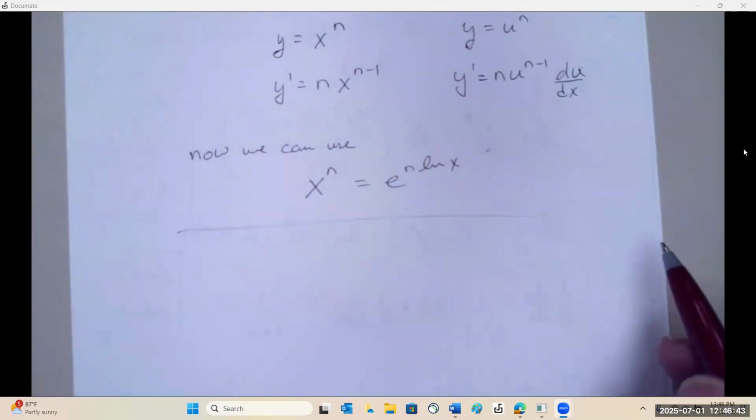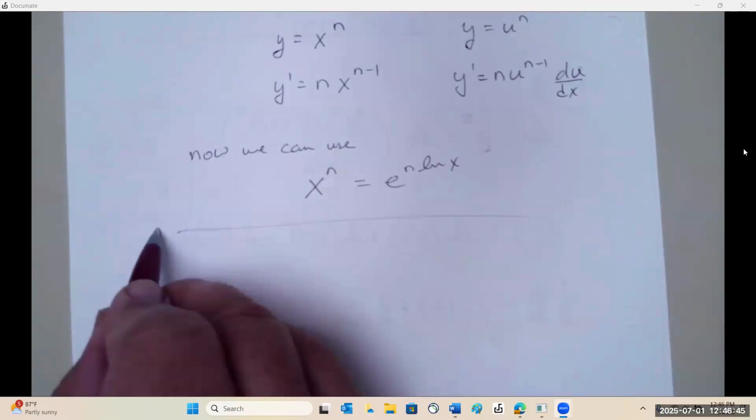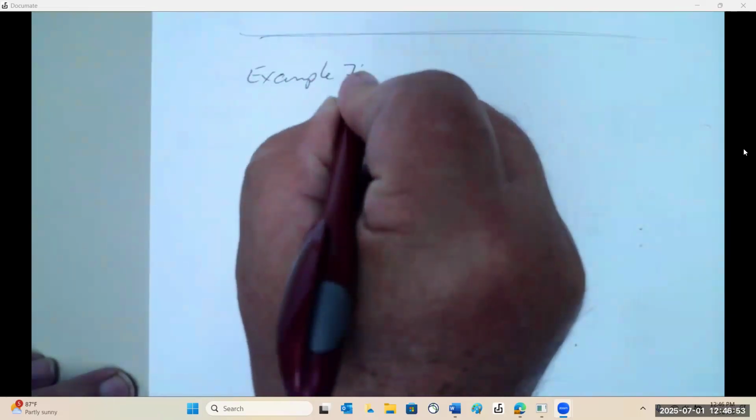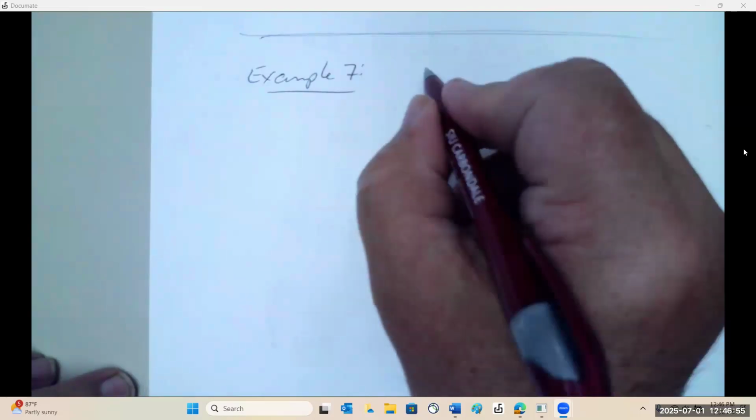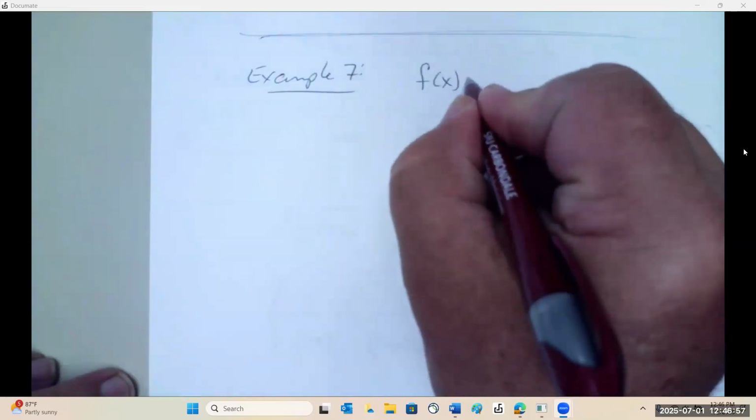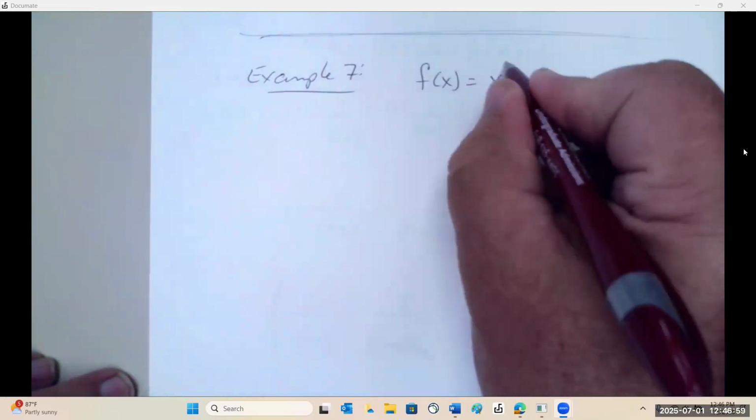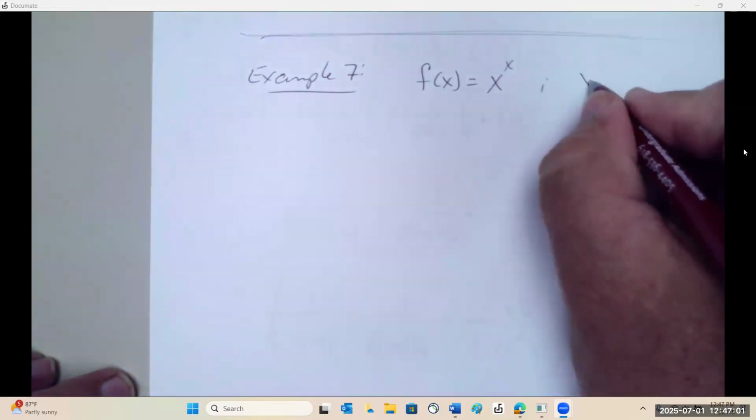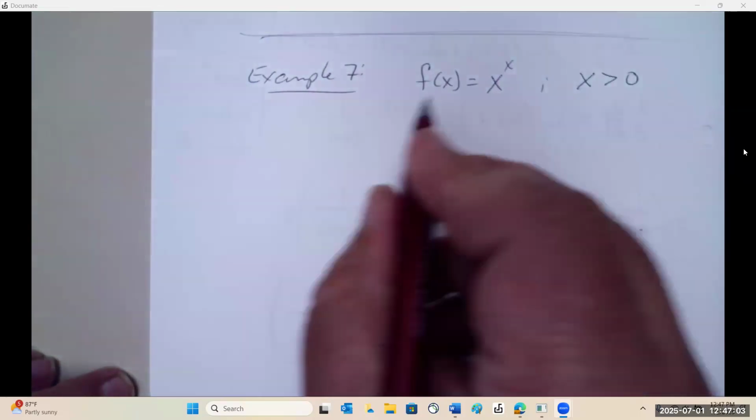Let's look at one more example. x to the power x, where x is greater than 0.